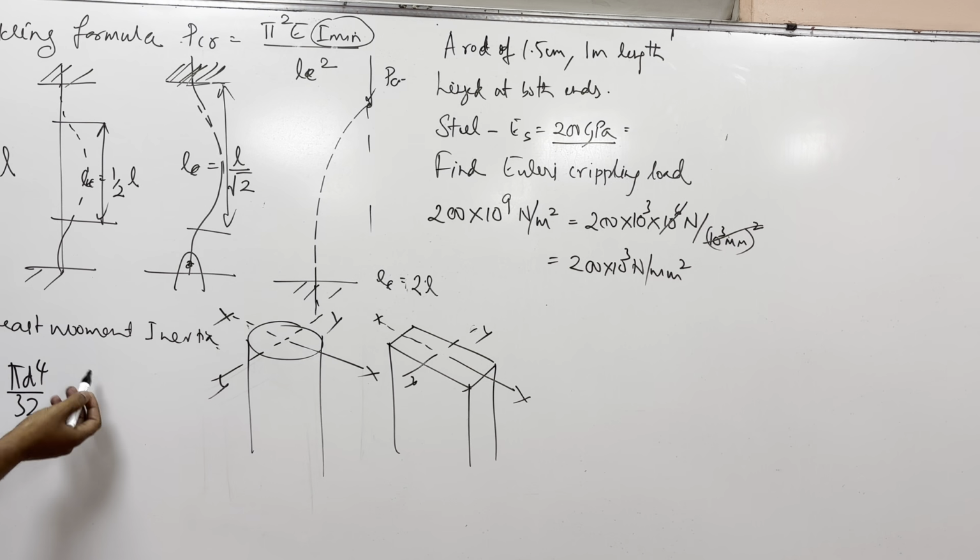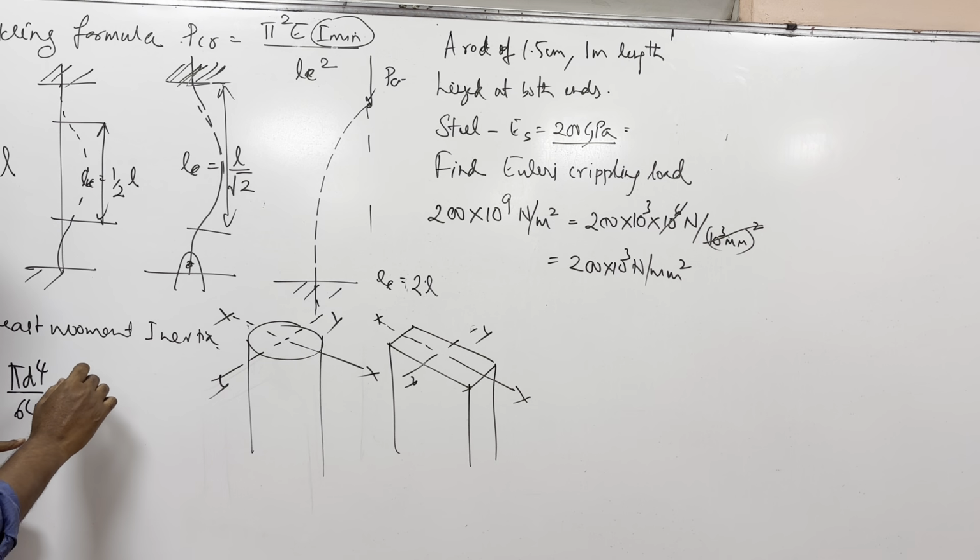So I minimum is the same, pi d to the power of 4 divided by 32. So what is the formula? Sorry, I made a mistake, that was J. So this is 64.